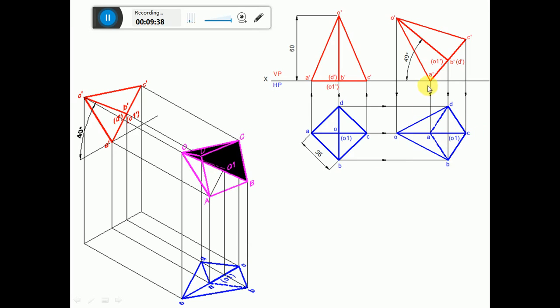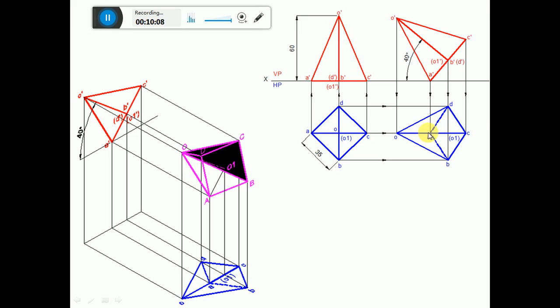Now here, since A becomes invisible, the edge or corner which becomes invisible we cannot show, because OC is hiding that edge OA, that is exactly below this OC. So that is not visible. But since OA is an invisible edge, from the point A there are three edges coming out.